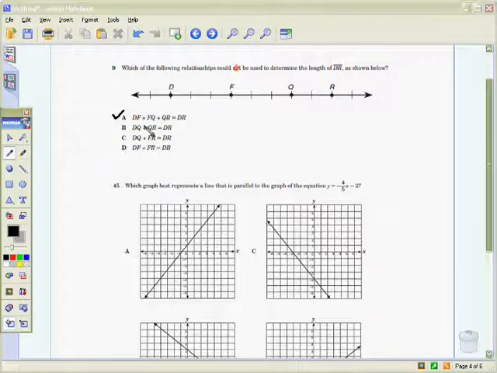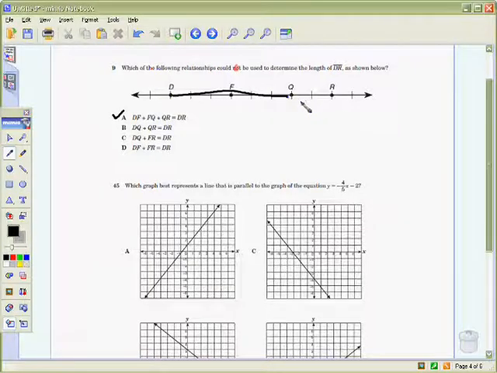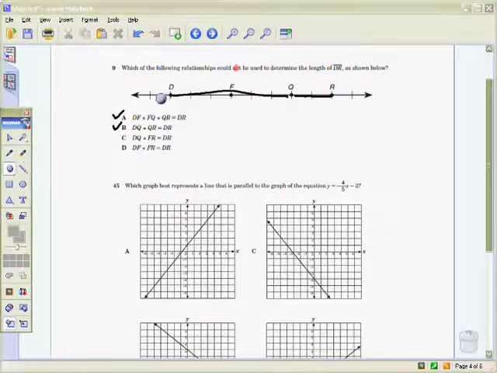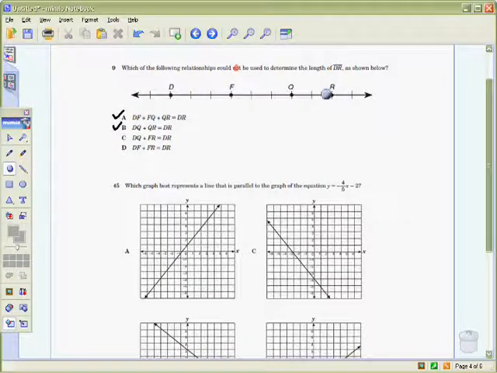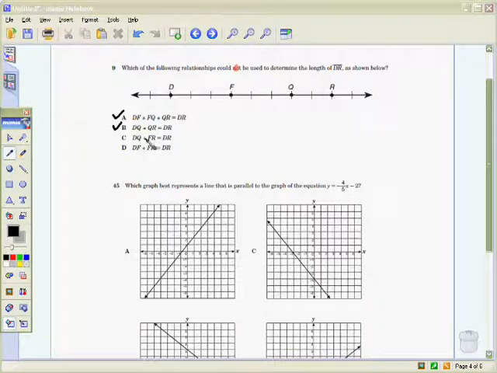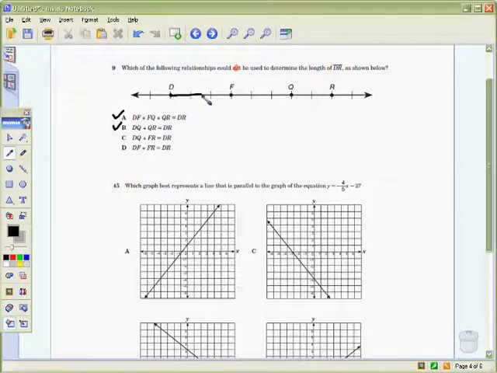Let's look at B. DQ plus QR equals DR. That one works too. C, DQ plus FR equals DR. That's not right.